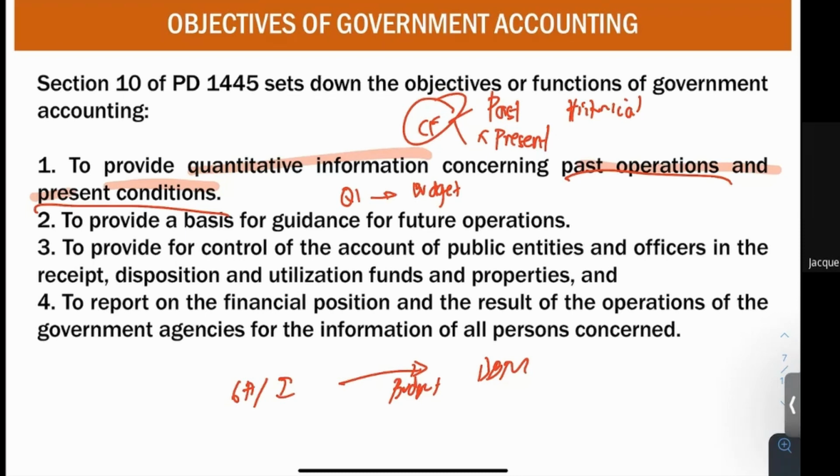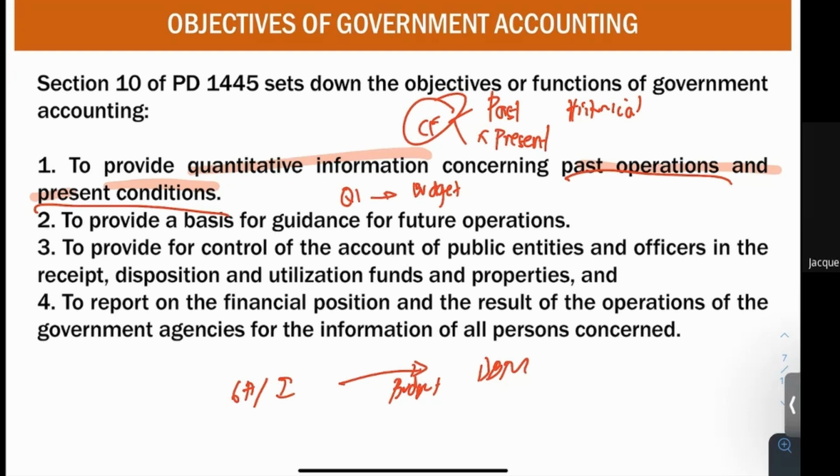So this previous information can be used for future operations, not only for the budget, but also to improve your service to the people for a more effective and efficient public service, as we earlier said.